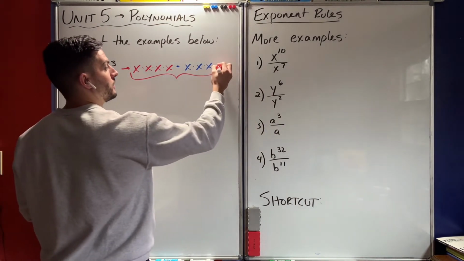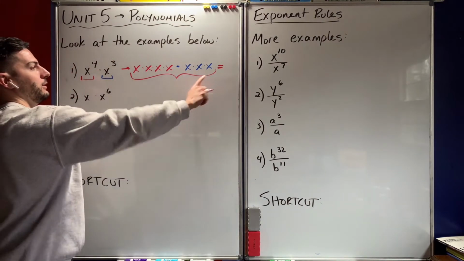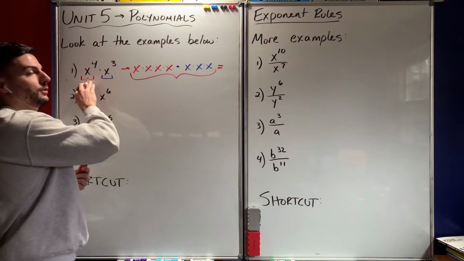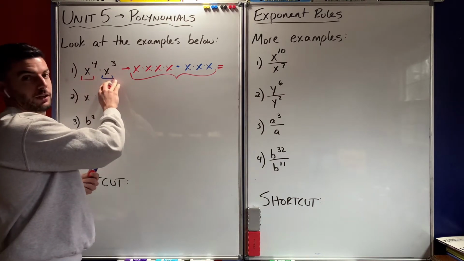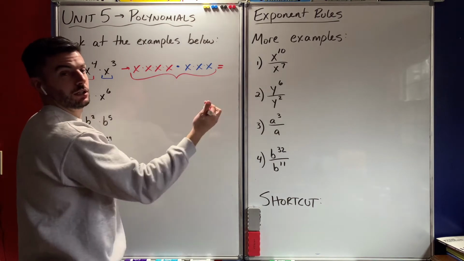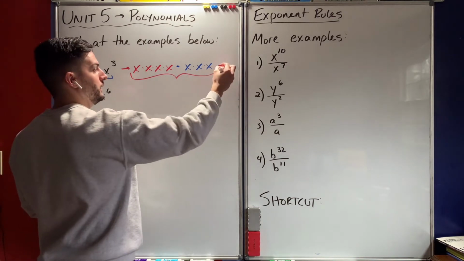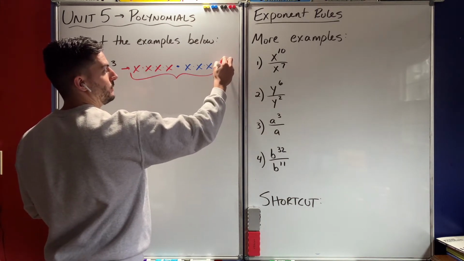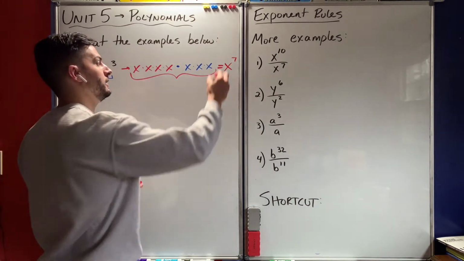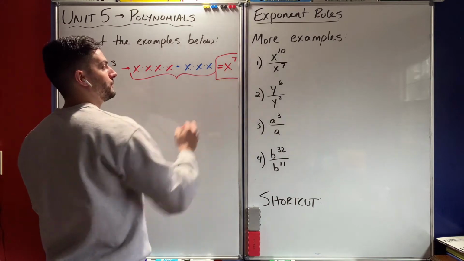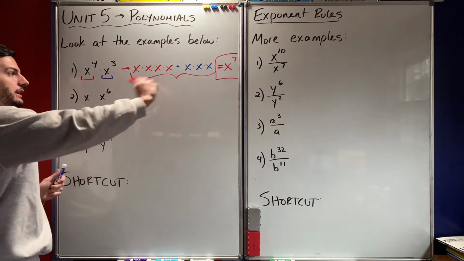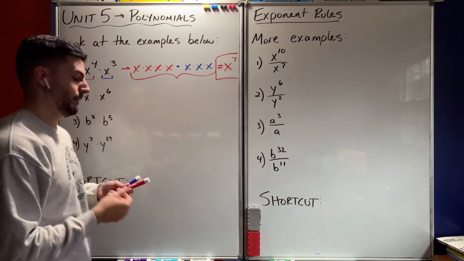So I would think, how could I write this as a single term? Because it was 4 x's multiplied times 3 x's multiplied. Now I have a total of how many x's multiplied together? 7, right? 4 and 3. So I could say 7 x's multiplied, or, taking that back to the shorthand way of writing it, x to the 7th power. So that's a way I could write that. Again, that's a lengthy explanation of it, but that's what's happening there.